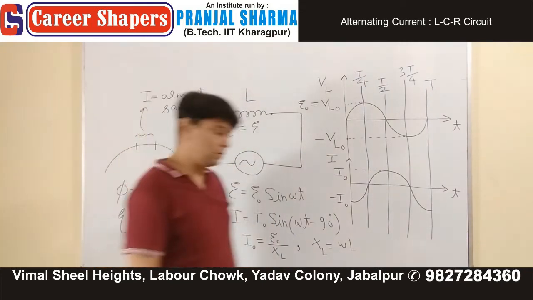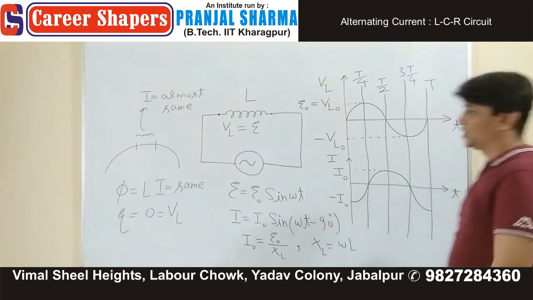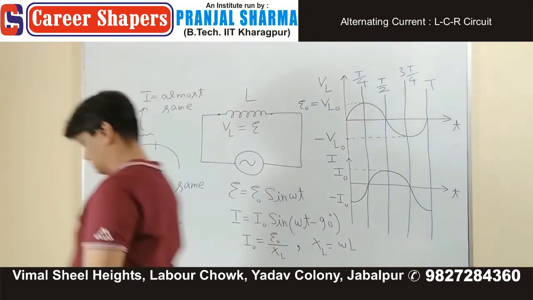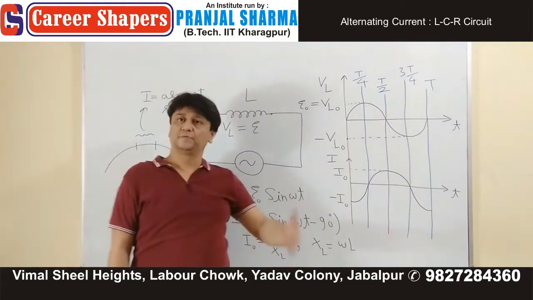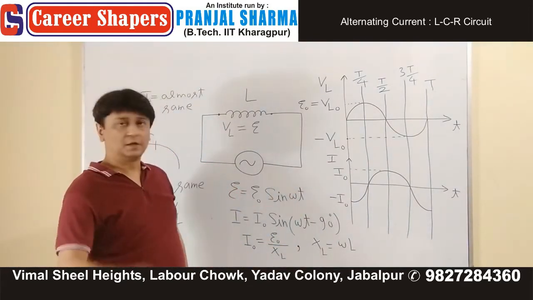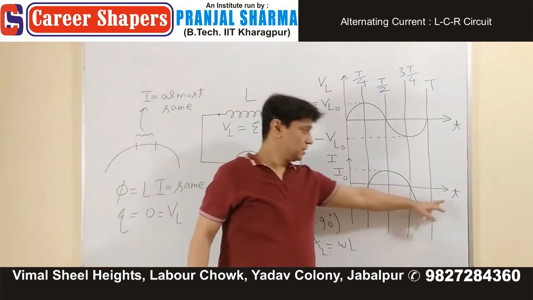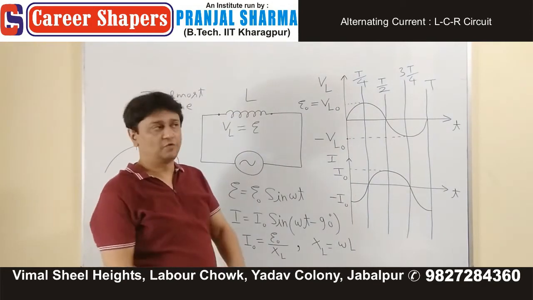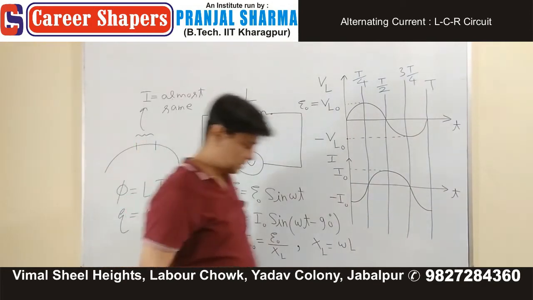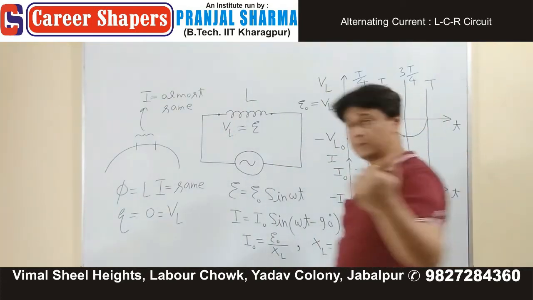And therefore, rate of change of current, di by dt, is maximum.